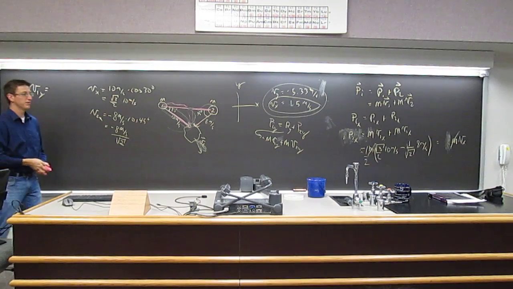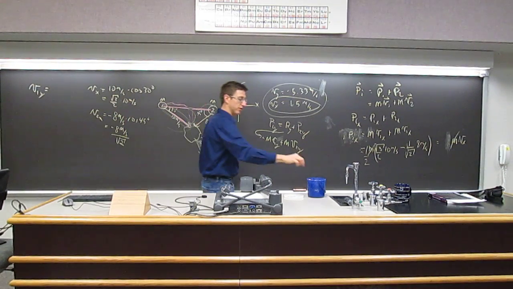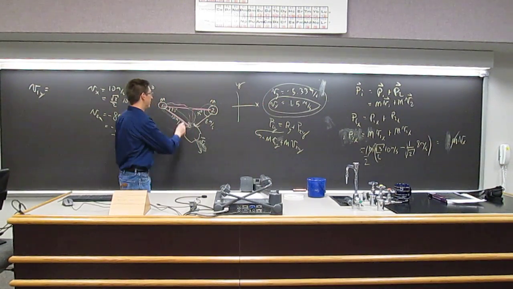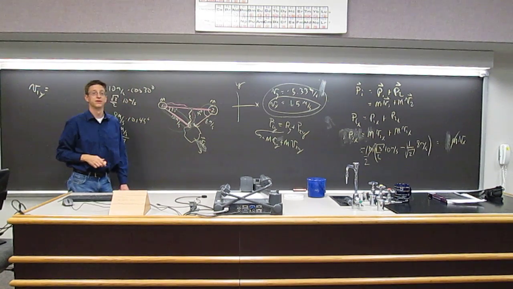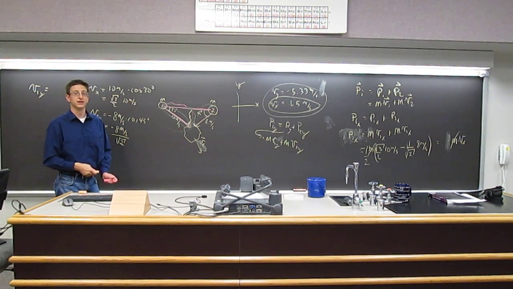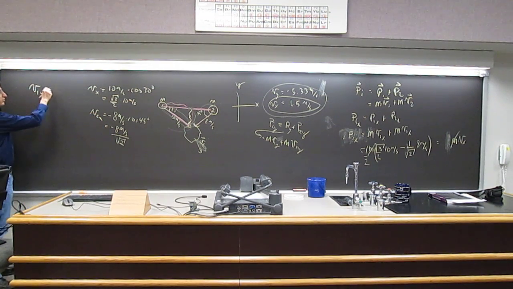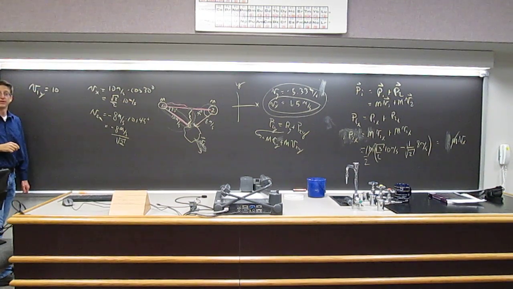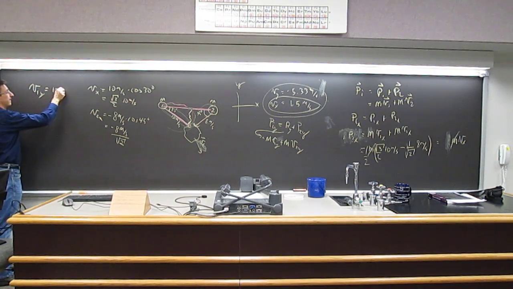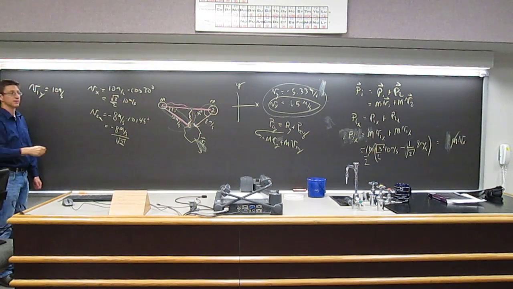What would v1y be? I want to figure out what this length is. So it'd be 10 meters per second times sine of 30.